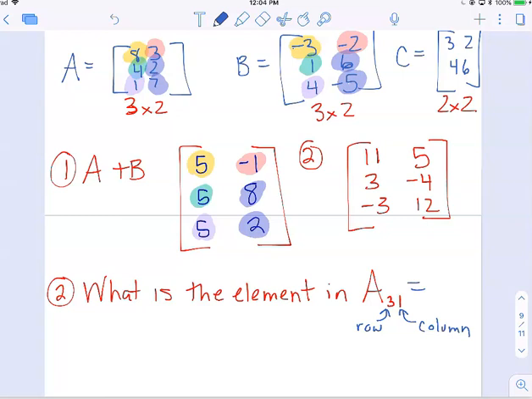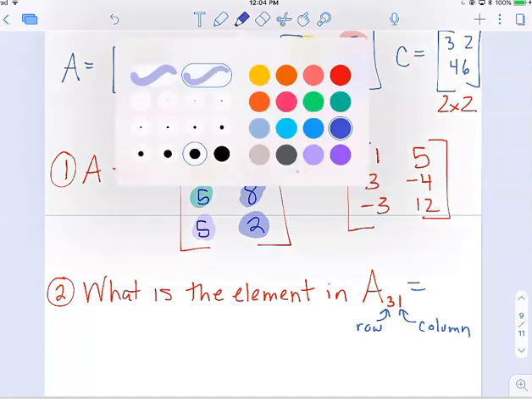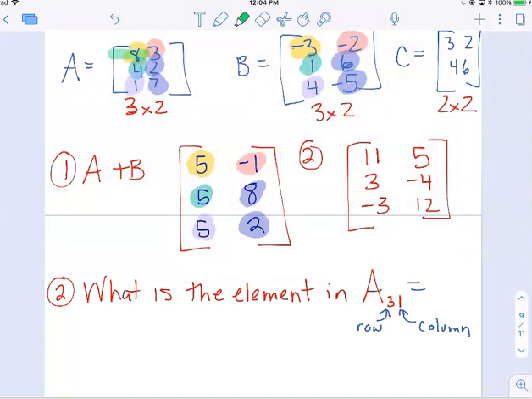So if we go to matrix A, row 3, we got 1, 2, 3. Row 3, column 1 is that 1. If I would have said what is in A2,2, it's the same thing, row 2, column 2.